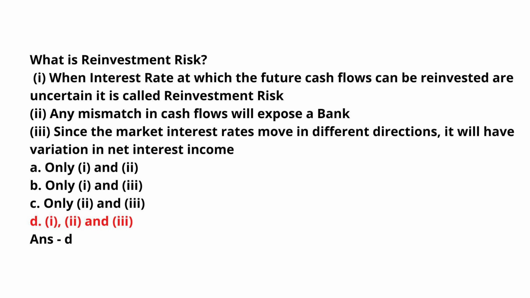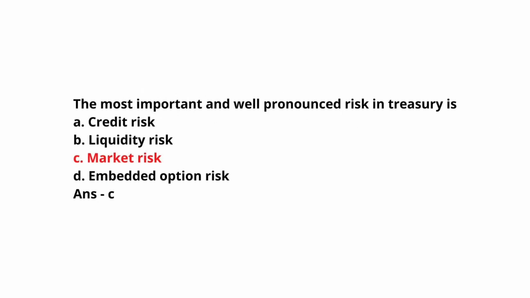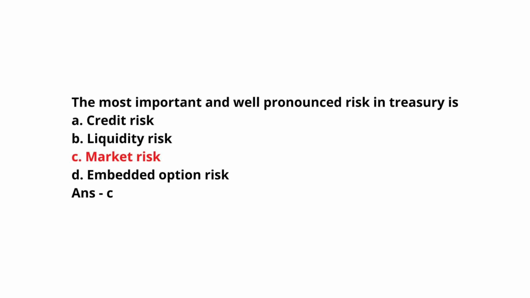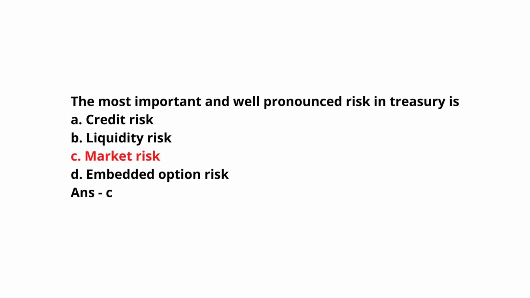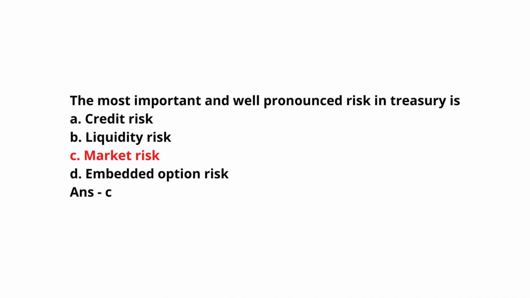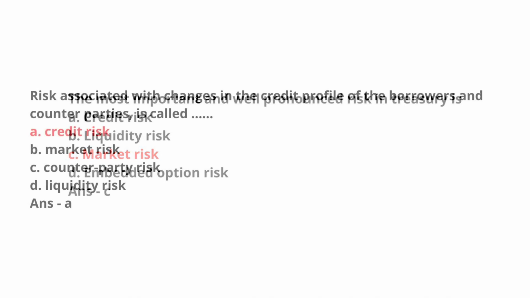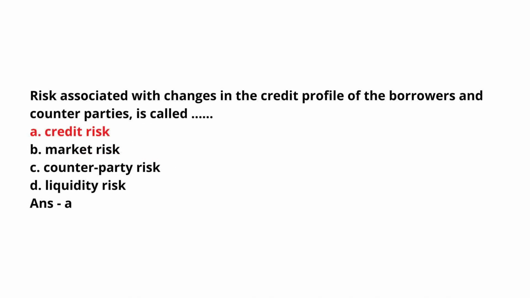Mismatch in cash flows and movement of interest rates also lead to reinvestment risk. So all options are correct. The most important and well-pronounced risk in treasury is market risk. Treasury is always related to the market, usually the Sensex, so it is market risk. Risk associated with changes in the credit profile of the borrowers and counterparties is called credit risk.